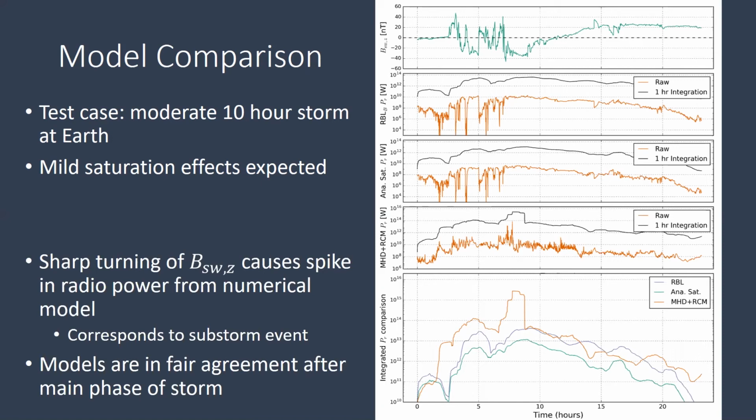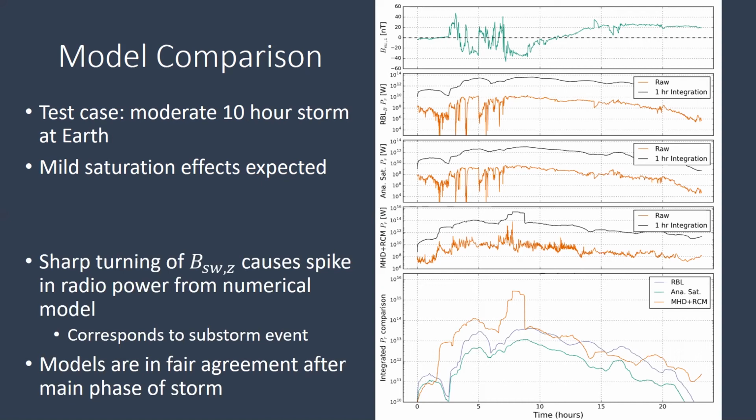But what I wanted to point out was that during the storm itself, we actually get a larger expected radio power. I want to especially point out this peak right here, where we jump up about 2 orders of magnitude greater than what you would expect just looking at the solar wind values themselves.